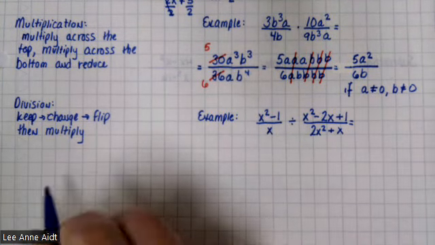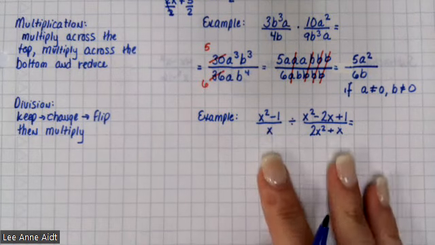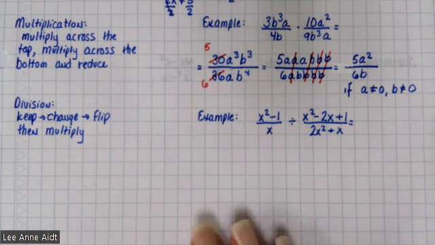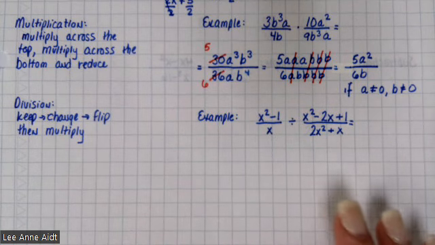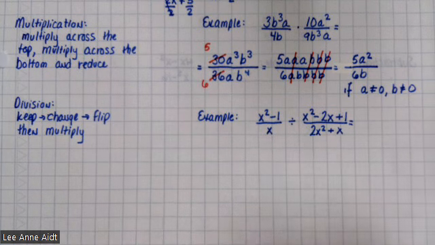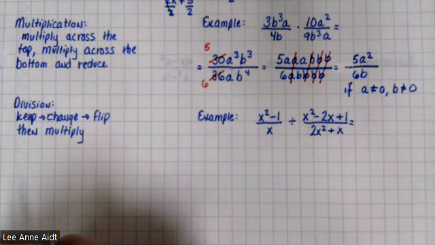Okay. What makes this problem spicy is not really the problem. There's a couple of situations here. It's the problem and the excluded values that make it spicy. You have to consider excluded values before and after you keep change flip.